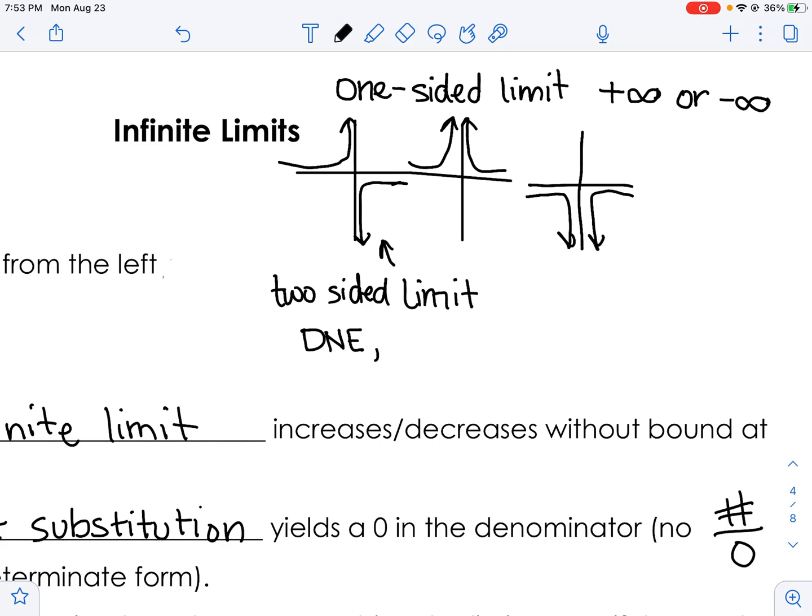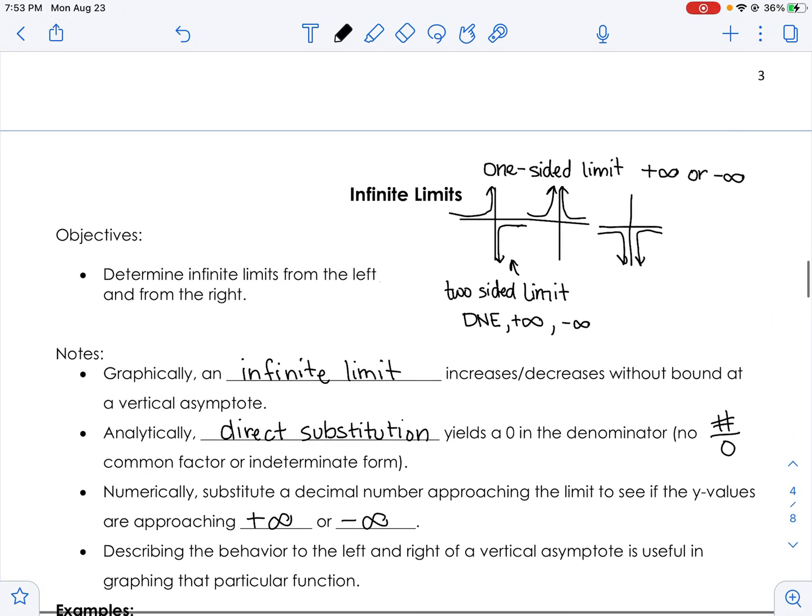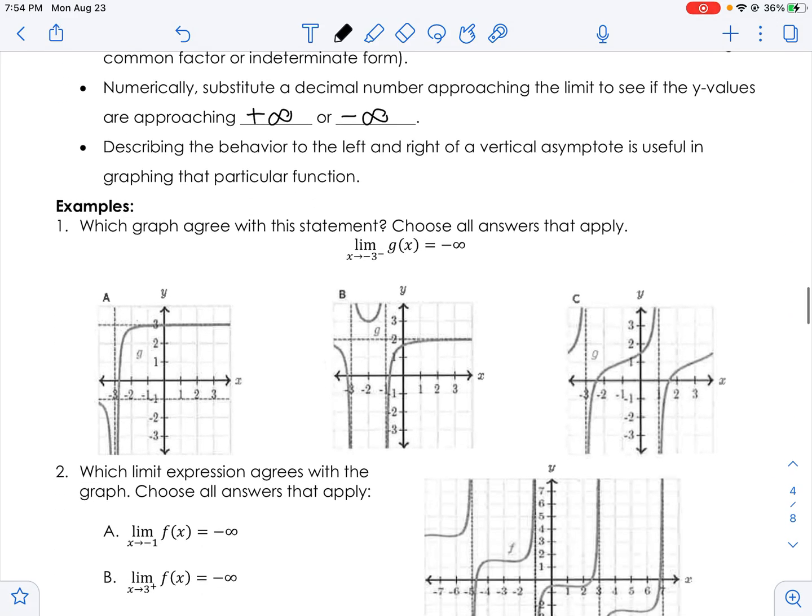In the middle picture, both limits are going towards positive infinity, so it would be positive infinity. And in the last picture, if they're both going down towards negative infinity, the limit would be negative infinity. So if it's a one-sided limit, we're either looking at positive or negative infinity. If it's a two-sided limit, it's either does not exist, positive infinity, or negative infinity.